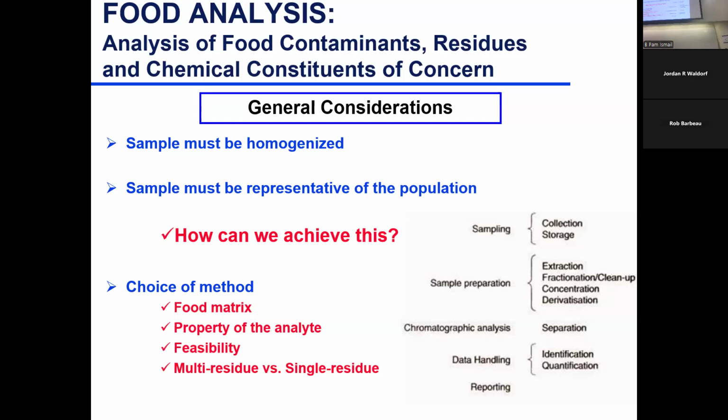And then there is a lot that goes into sample preparation. Oftentimes, there is a series of extraction and purification. So extraction, fractionation, cleanup, purification, because you want to concentrate your residue to an amount that you can detect it. Sometimes the defect action level, or the allowed level, is very, very low.